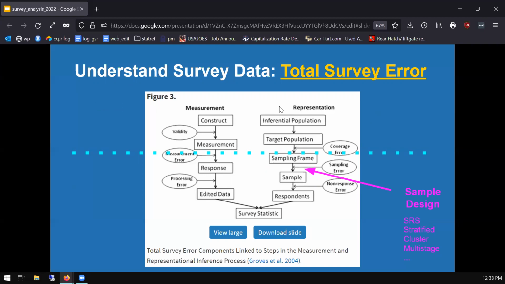Alternative is you can mail out a paper survey to addresses. Another alternative would be you can go door to door and take face-to-face surveys.